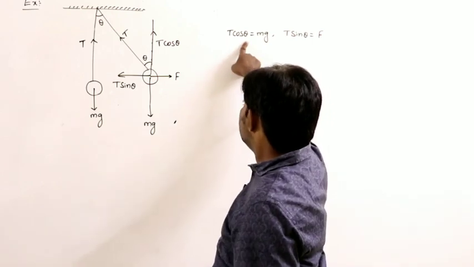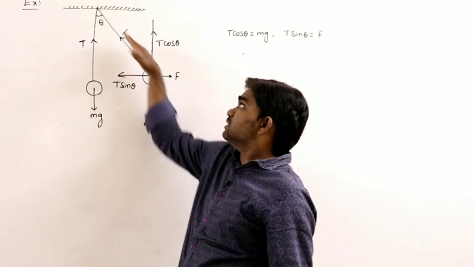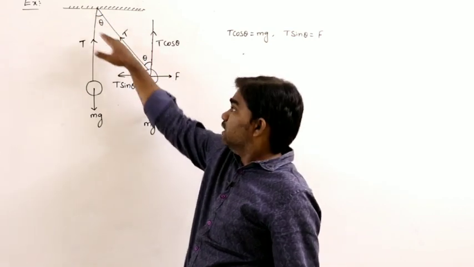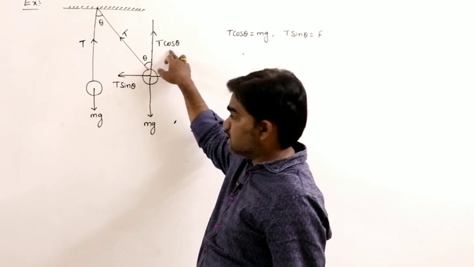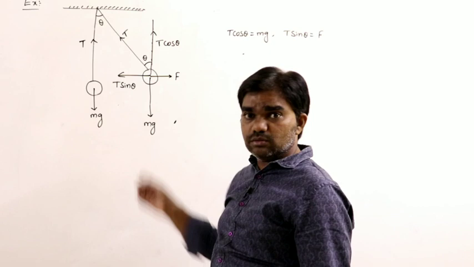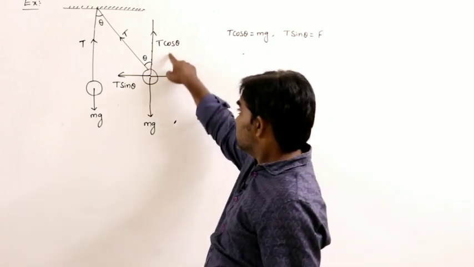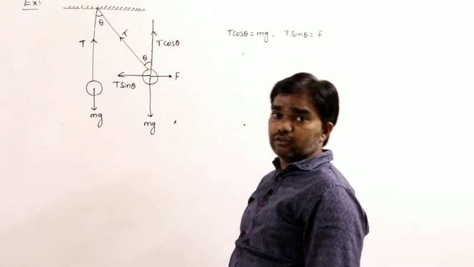This is based on resolution of vectors. This is the direction of the tensional force, which makes an angle theta with the vertical, so it is divided into two components, T cos theta and T sin theta. T cos theta must be balanced by mg and T sin theta must be balanced by the force.